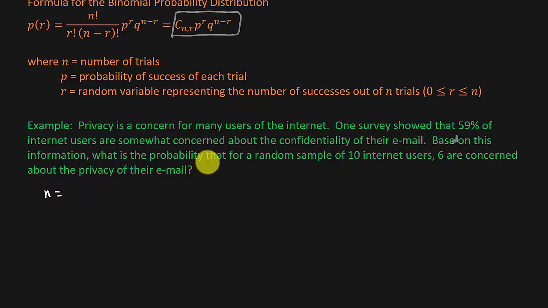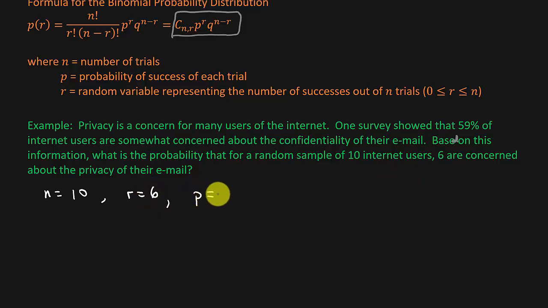Well, it says what is the probability that for a random sample of 10 internet users, so that's how many trials we have, we've got 10 total. 6 are concerned about the privacy. So that's the number of successes, because that's what we're looking for. If they're concerned with their privacy, that's a success, because that's what it's asking us to find. And so we get R is equal to 6.